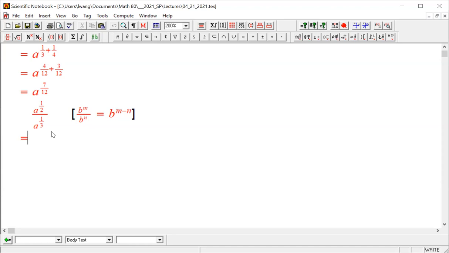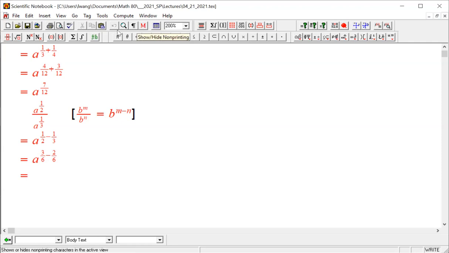So over here, you're going to have a raised to the power of 1/2 minus 1/3. Then you would work on the exponents. You keep the base, you work on the exponent, finding common denominators, which is 3/6 for half, minus 2/6 for 1/3.